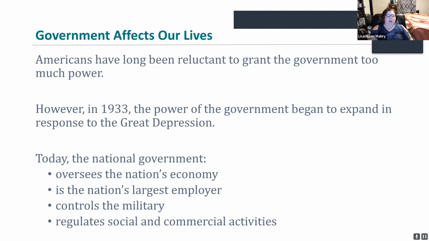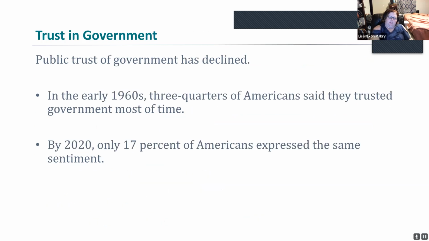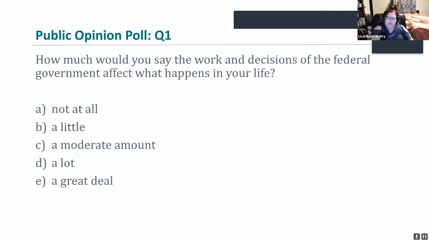It controls the military, and it regulates our social and commercial activities. And of course, we'll go into all of those details. Like I mentioned before, public trust has absolutely declined. Three quarters of Americans trusted government most of the time in the 60s, and in 2020, only 17% of people said that they felt the same, which is just sad, right? I think that's very sad.